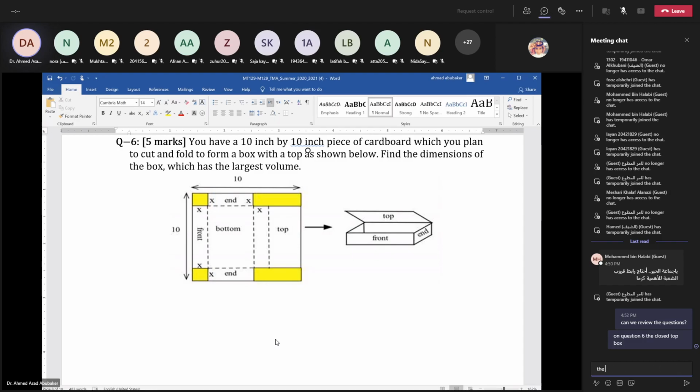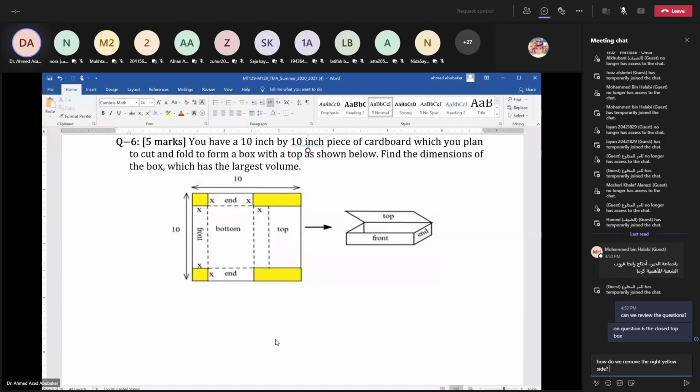This is a square, 10 with 10. So we need to remove the yellow region, the cut, so that it gives us the maximum volume, the largest volume of this box. So we need to find the dimensions of the box.